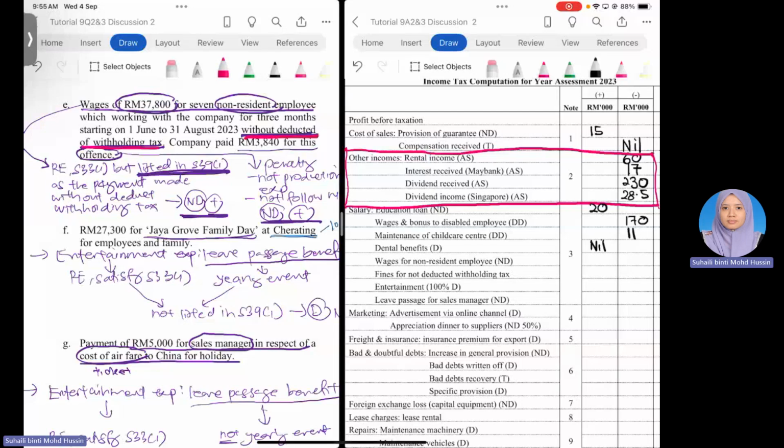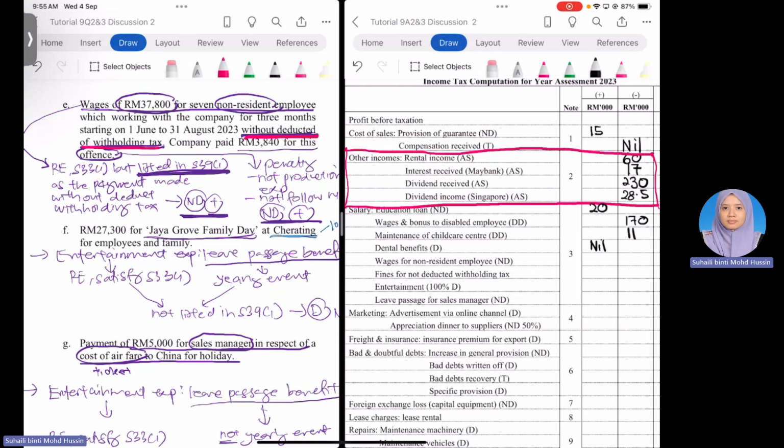So the company hired 7 non-resident employees. When they hired non-resident employees, they have to deduct withholding tax. This is a rule by the Malaysian government, and actually other governments are the same too. When you hire the non-resident employee, you have to deduct the withholding tax first, before you record in the books.